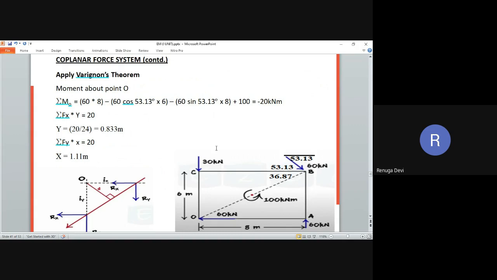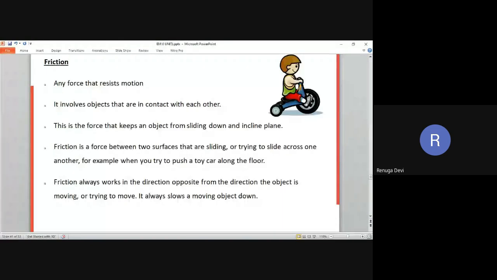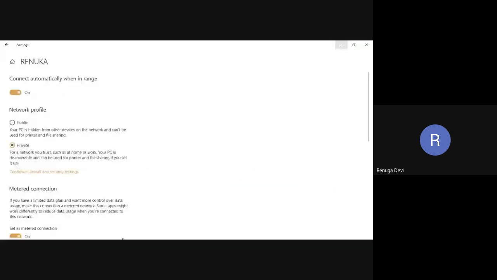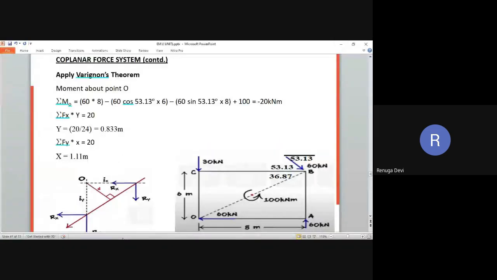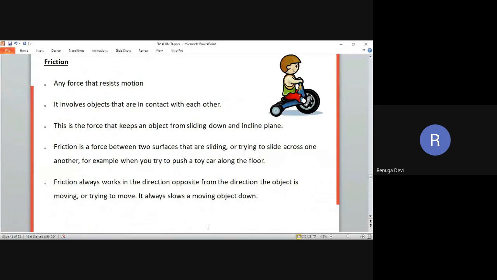Along with this, moment also comes into the picture. So why do we need to take the moment? Because each and every force is acting at a different place, in different planes. So at that time you need to use the moment. So this is your moment system.